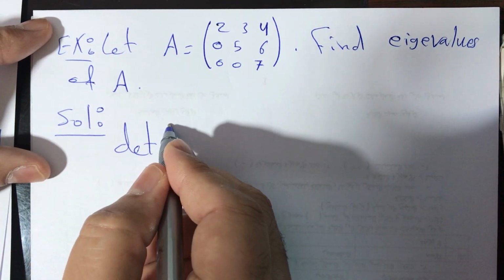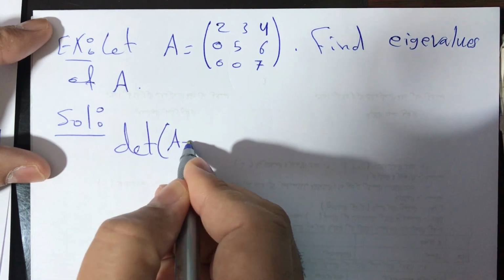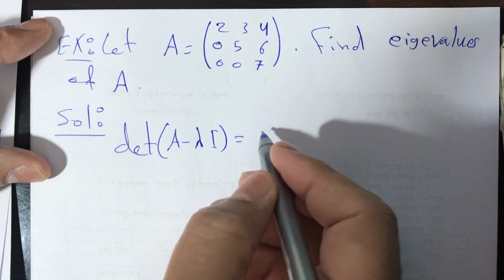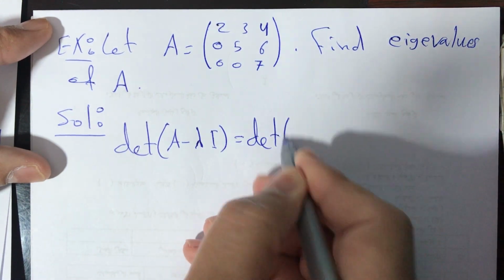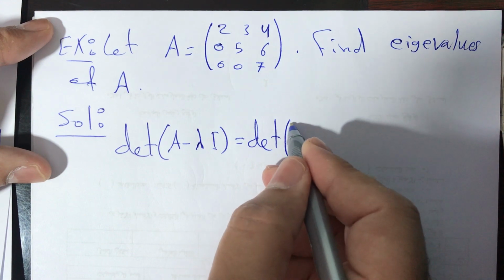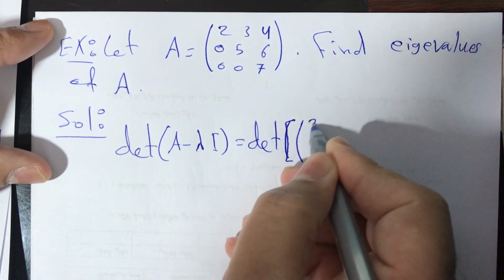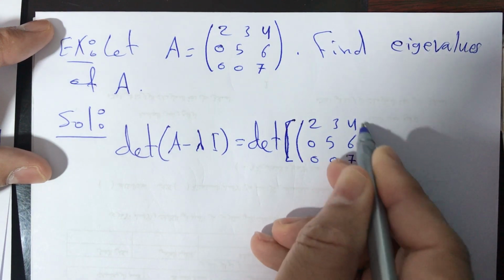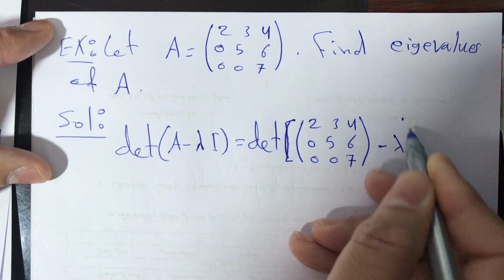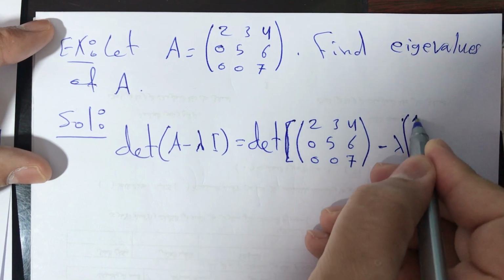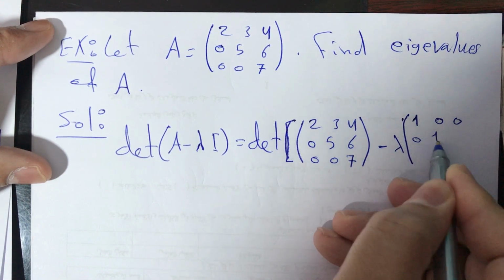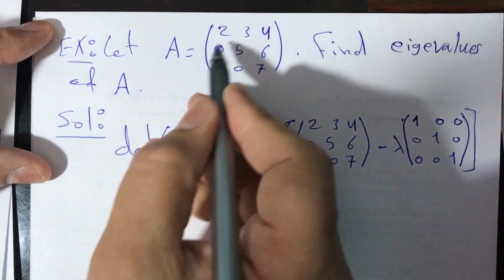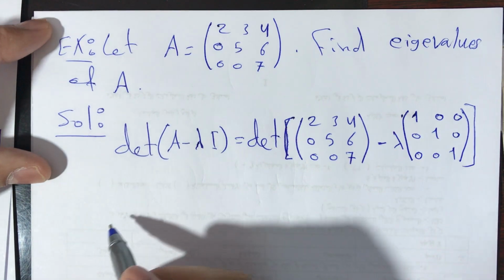The determinant of A minus lambda I is equal to the determinant of A, 2, 3, 4, 0, 5, 6, 0, 0, 7, minus lambda times the identity, which is 3 times 3.